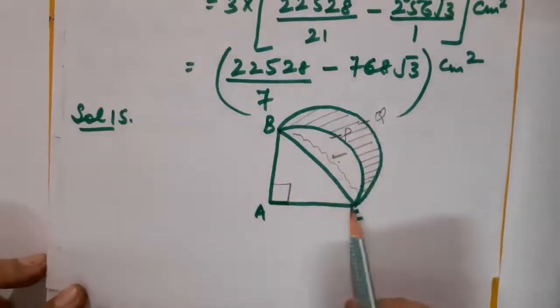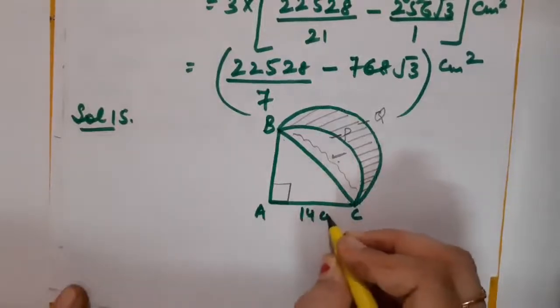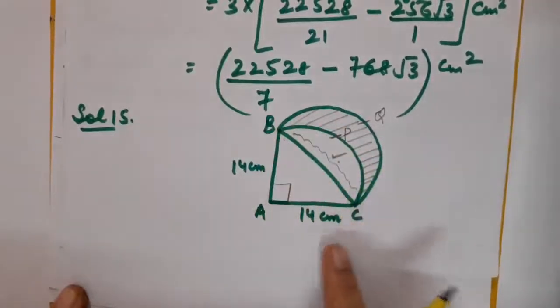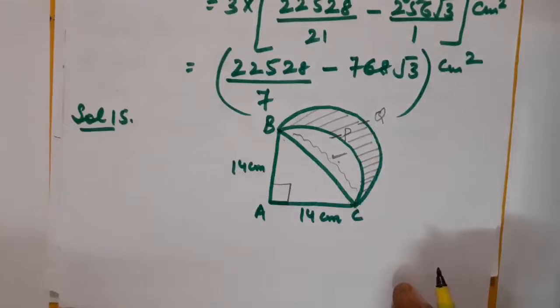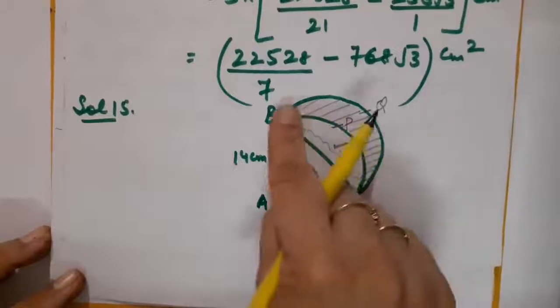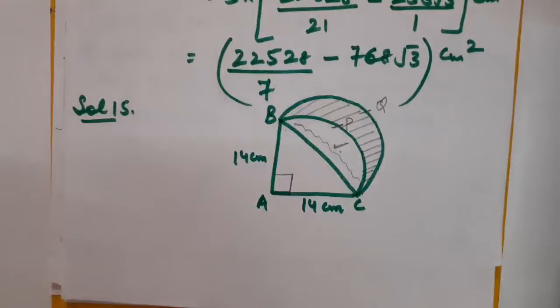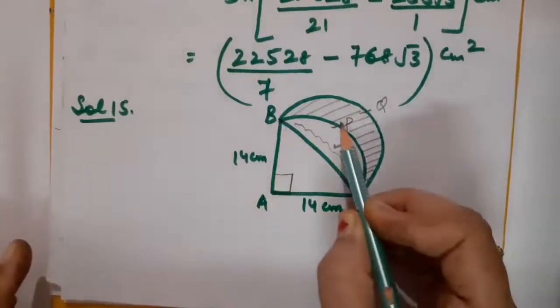Here you can see that this is nothing but the quadrant of a circle of radius 14 centimeter. This is given to us. And we know the angle is 90 degree, or you can use the formula of quadrant also, that is pi r square by 4. That depends on you. So let us first calculate the area of this sector, BACPB.